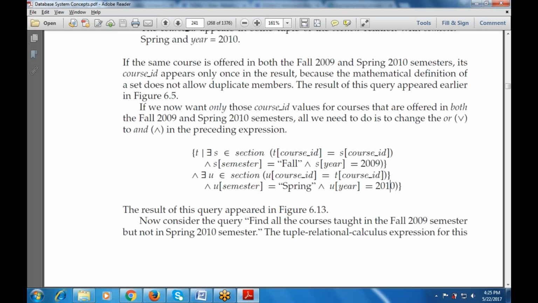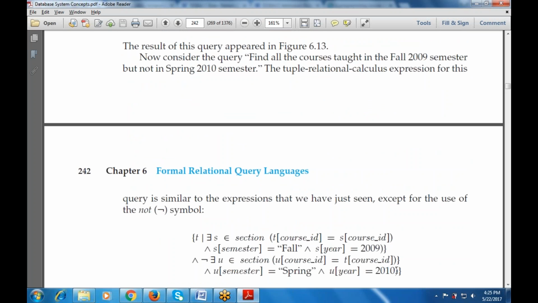Now consider the query: find all the courses taught in the fall 2009 semester but not in the spring 2010 semester. The tuple relational calculus expression for this query is similar to the expression we have just seen, except for the use of the not symbol. T, there exists S in section, T course ID equals S course ID, and semester equals fall and year equals 2009.